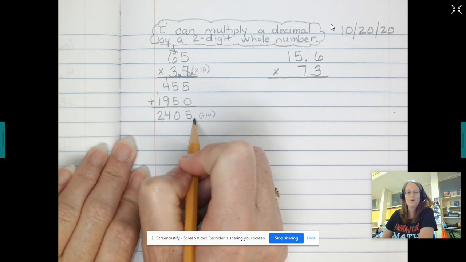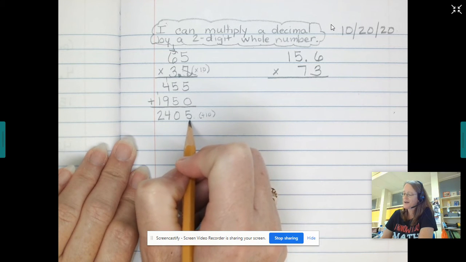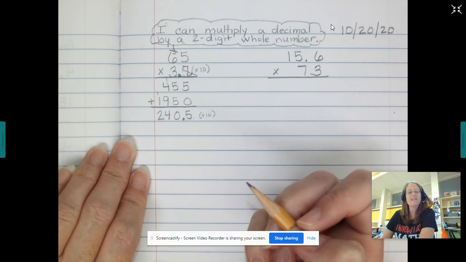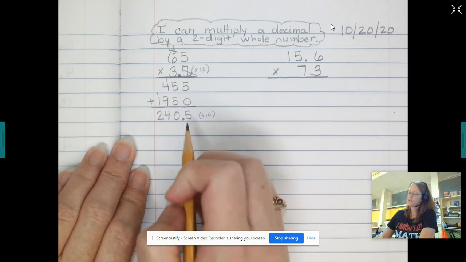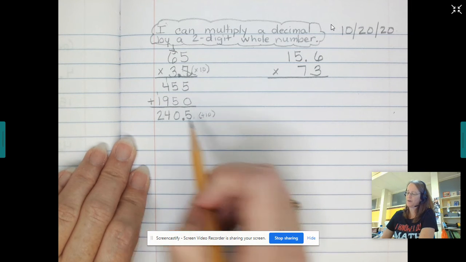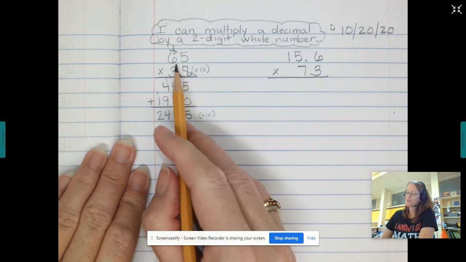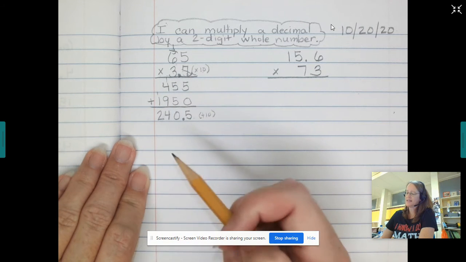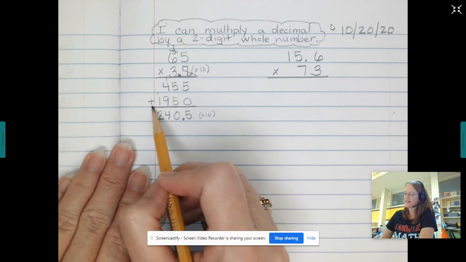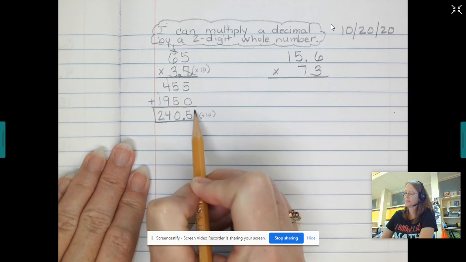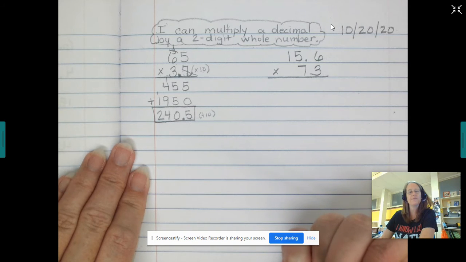And so that would move that decimal one time to the left. And you see how I'm doing that very lightly with my magic pencil? So you don't see my scoop there. So 65 times 3 7/10 is 240 and 5/10. My answer goes neatly in a box, and there we go.